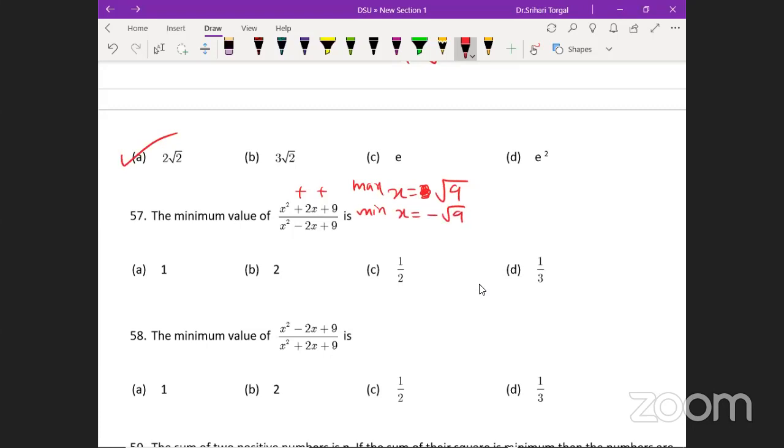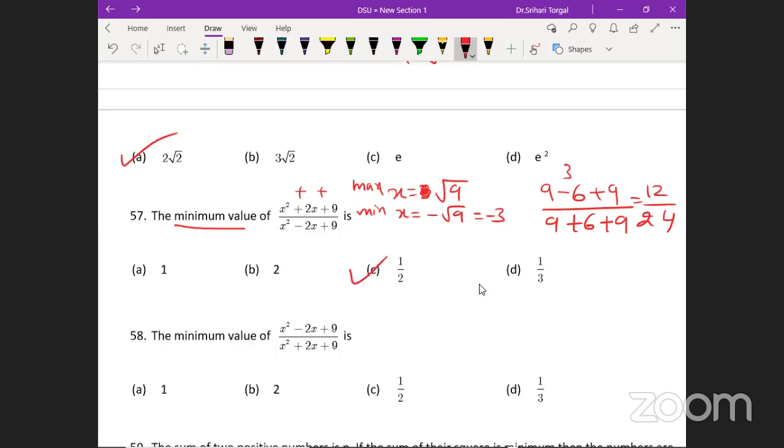Minus root 9, that is minus 3. If you put minus 3 here: 9 minus 6 plus 9 divided by 9 plus 6 plus 9. That is 12 divided by 24, so 1 by 2 is the answer.